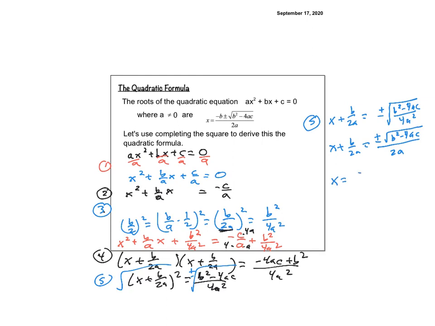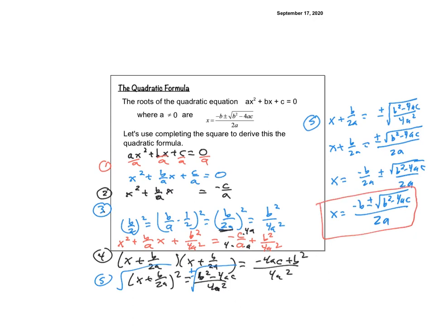So I get negative b over 2a plus or minus the square root of b squared minus 4ac all over 2a. So now I can just put it together because now they have a nice common denominator. So there we have it. The quadratic formula was derived there for you using completing the square.